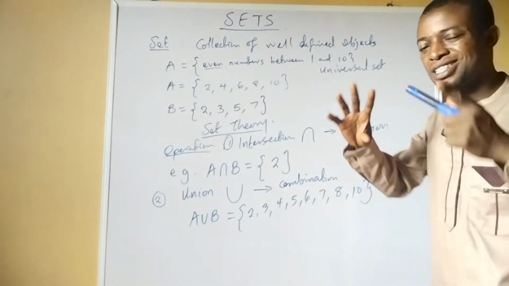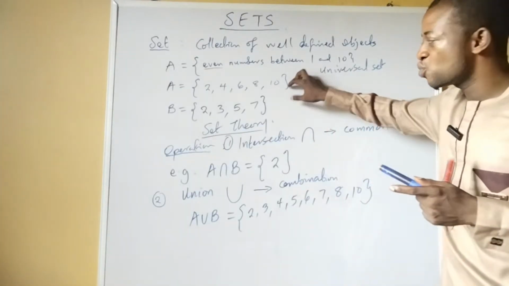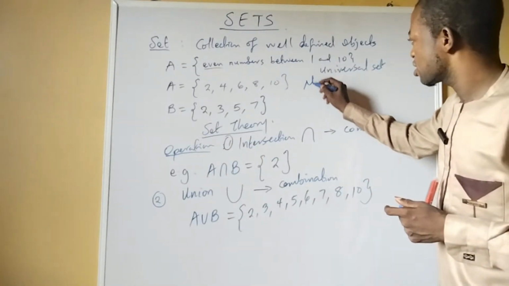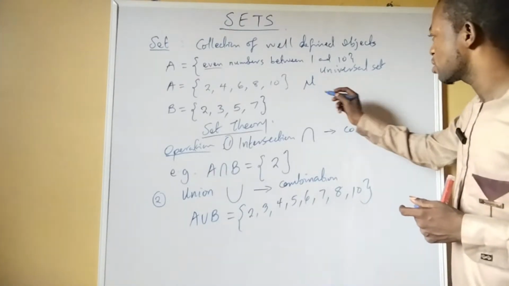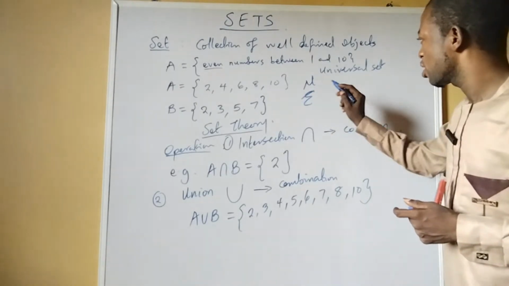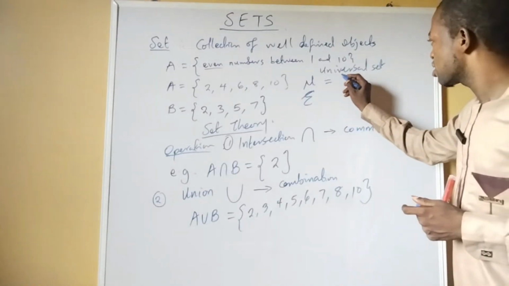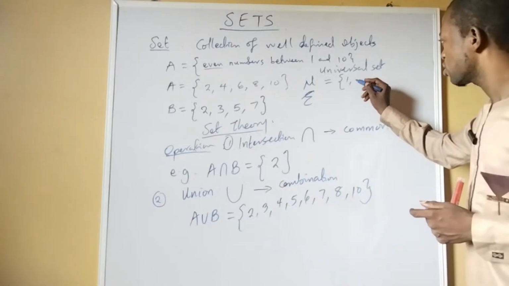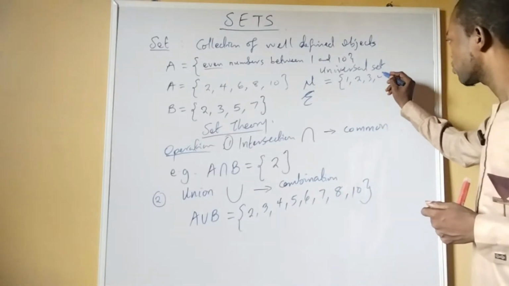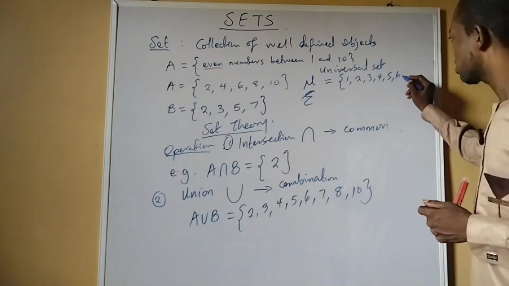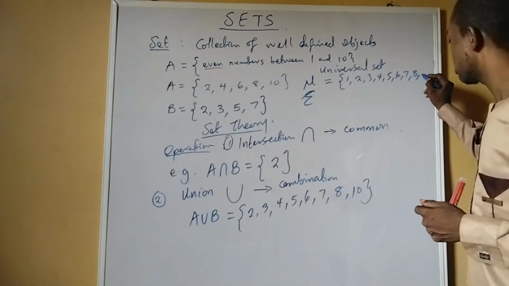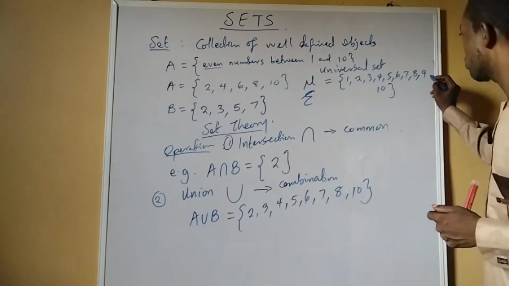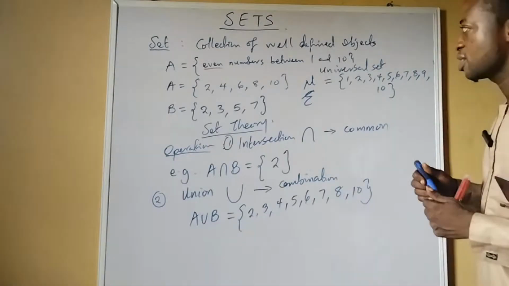So it's a broader set that contains these two sets. We denote it with this symbol, or sometimes this symbol. Here the universal set is from 1 to 10, listed as 1, 2, 3, 4, 5, 6, 7, 8, 9, 10.